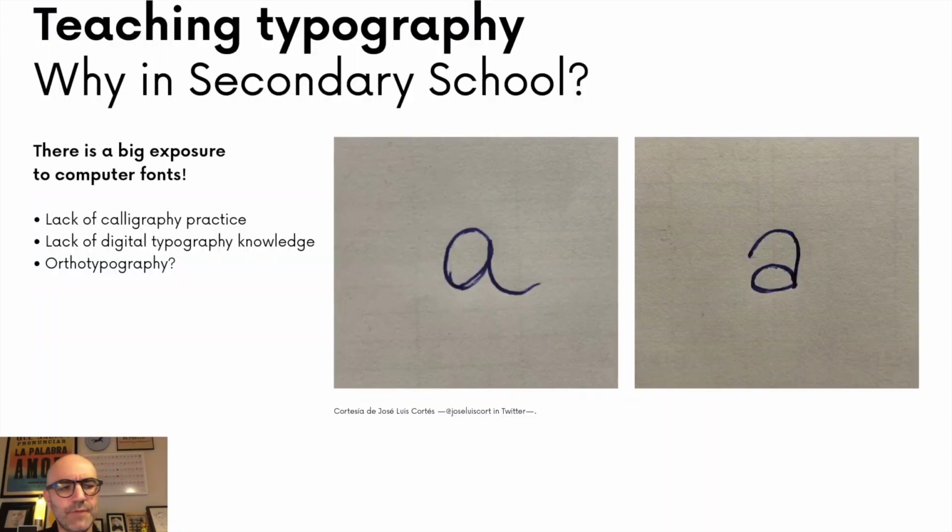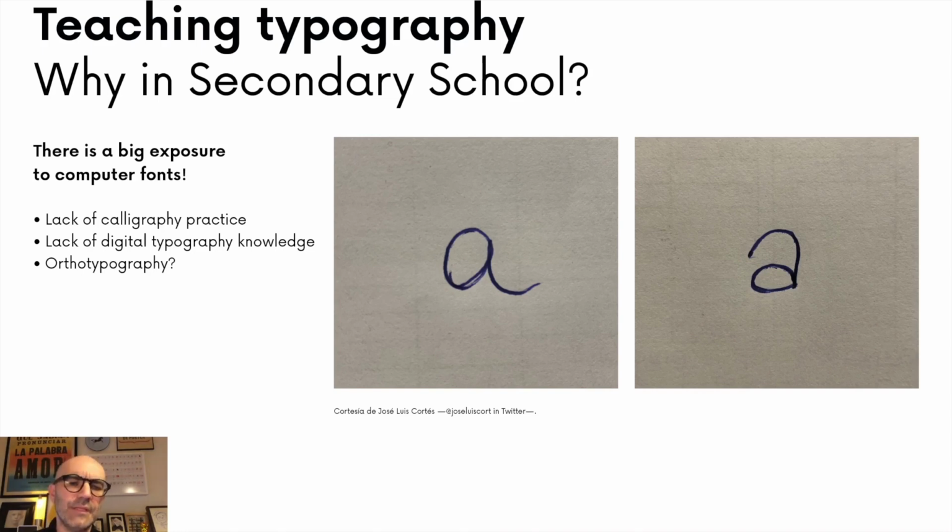There is a big exposure to computer phones, right? Typography is present in our everyday life, but secondary school students jump into text processors like Microsoft Word or whatever. They jump into it as users without knowledge of typography, orthotypography, or whatever.